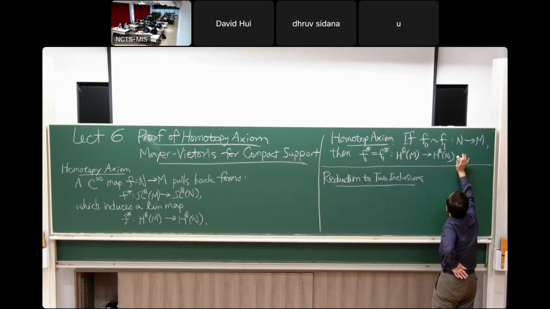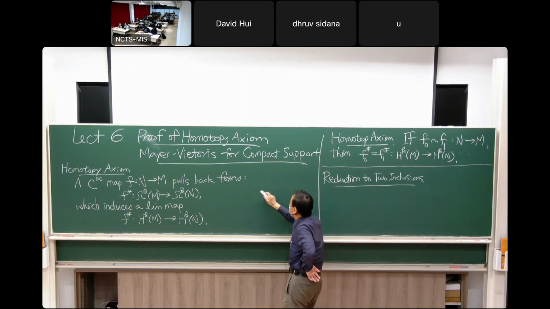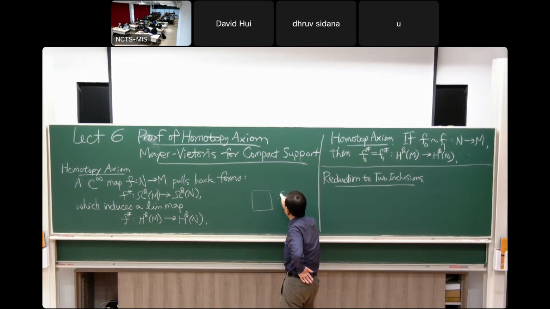Now, to say that they are homotopic means that there's a map F so that at time 0, it's F0, and at time 1, it's F1.